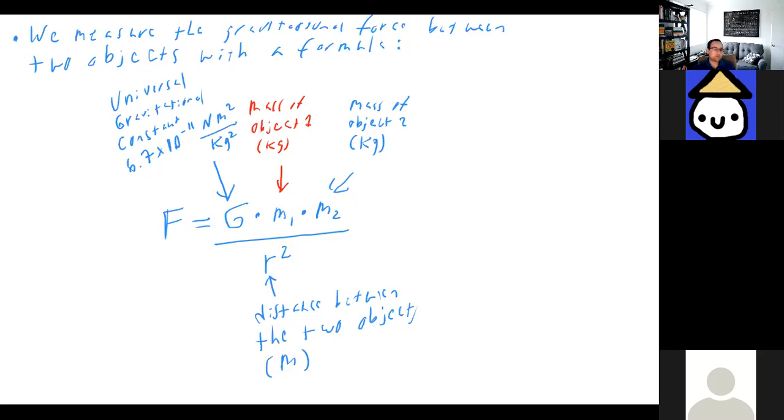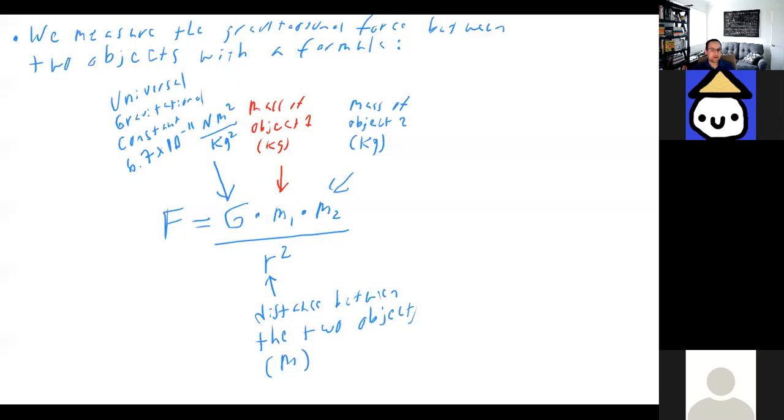But in most cases this approximation is going to be just fine, and for our purposes I think it will be. So go ahead and take about another minute to copy this down, and then we'll do an example.